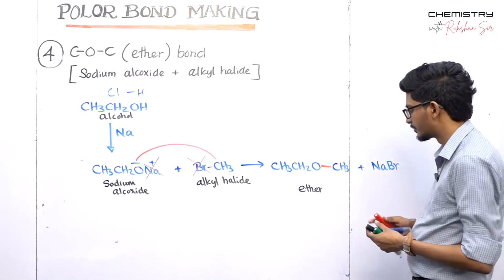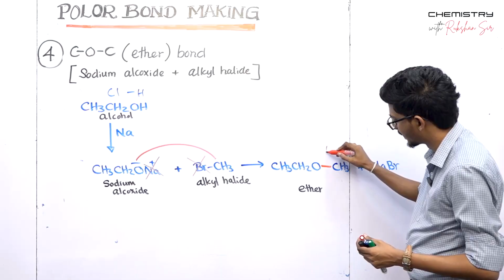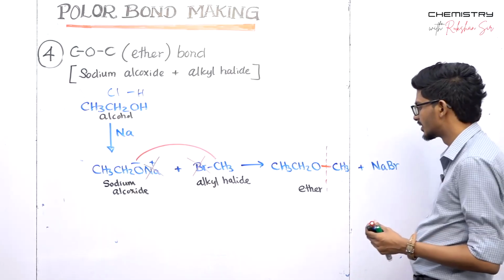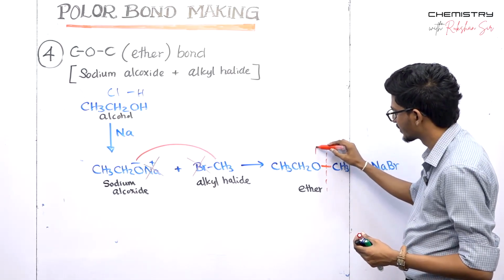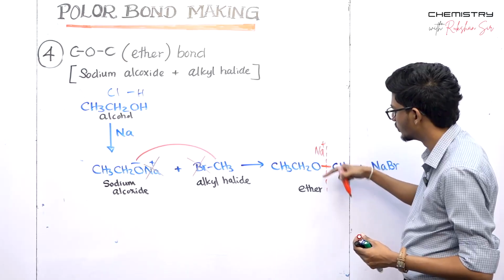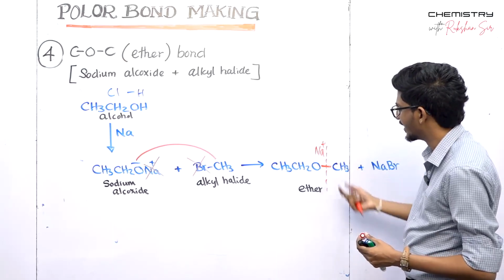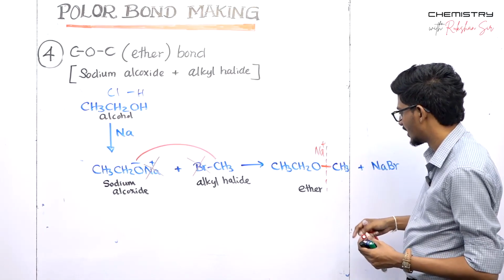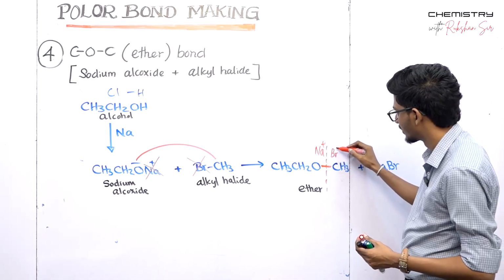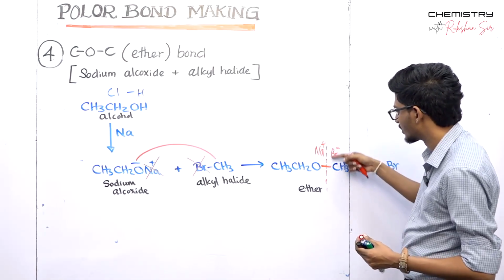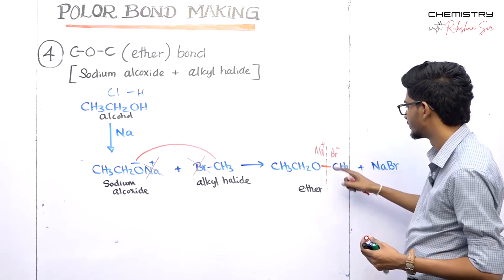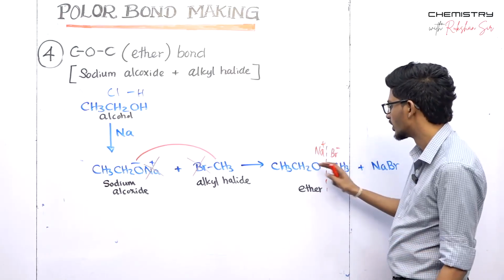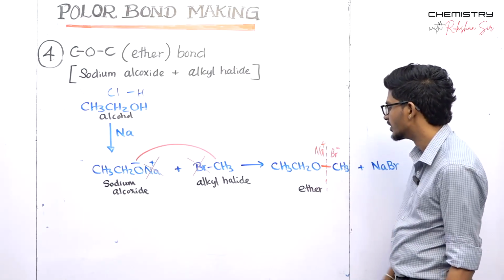First break the ether from the polar bond and put the Na plus, the positive part of the NaBr, to the negative pole of the bond, and the negative part of the NaBr, the Br, to the positive pole of the bond, so that you could predict the two compounds responsible for giving you the ether.